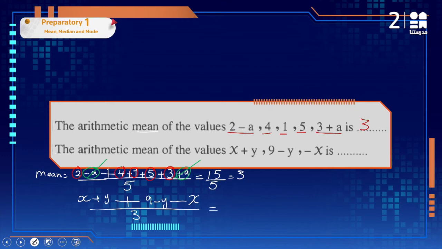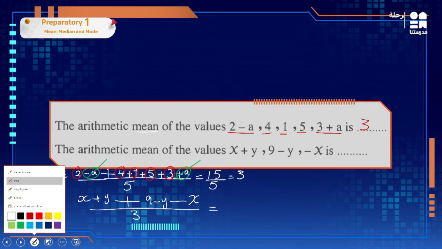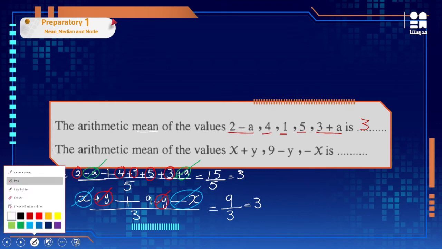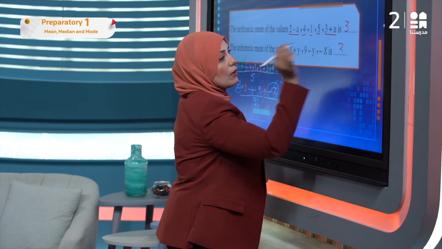We add the x first: x minus x cancel each other, 0. Then the same for y: positive y and negative y cancel each other. We have only 9 over 3, which is 3. So the mean is 3.